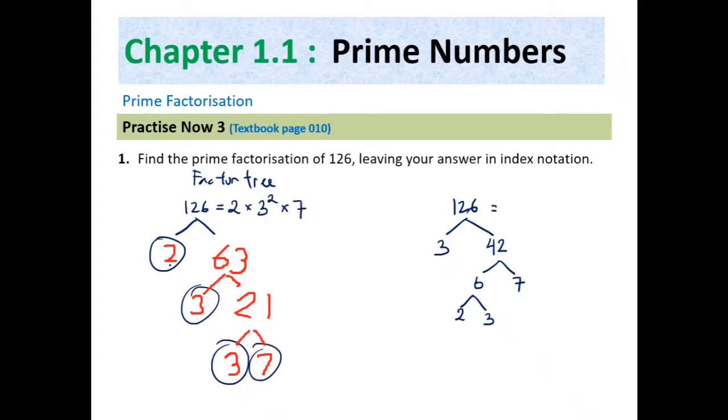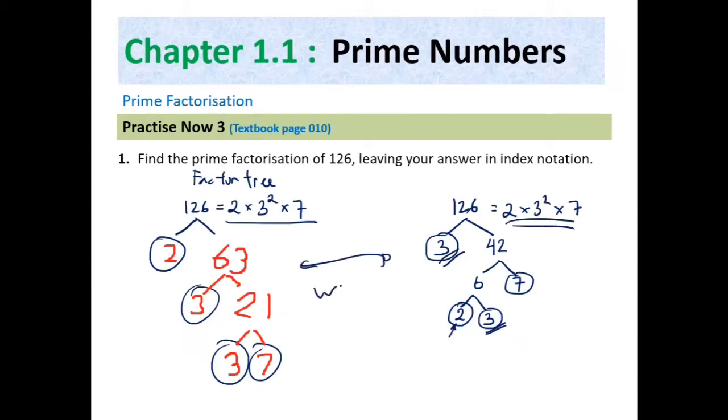For every number that reaches a dead end, circle it and put it here. 6 still continues. So we have 2, two 3s, and 7. Is it the same? Yes, of course. So the way can be various. So many ways to Rome, but Rome is the same distance, right? Okay, equal answer.